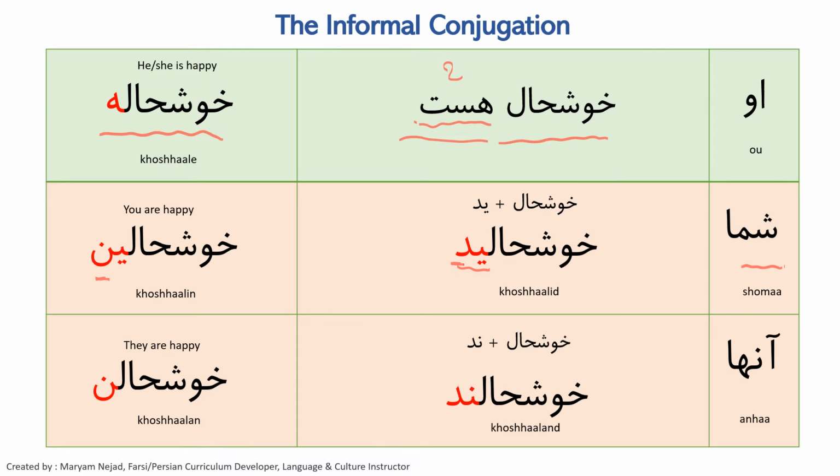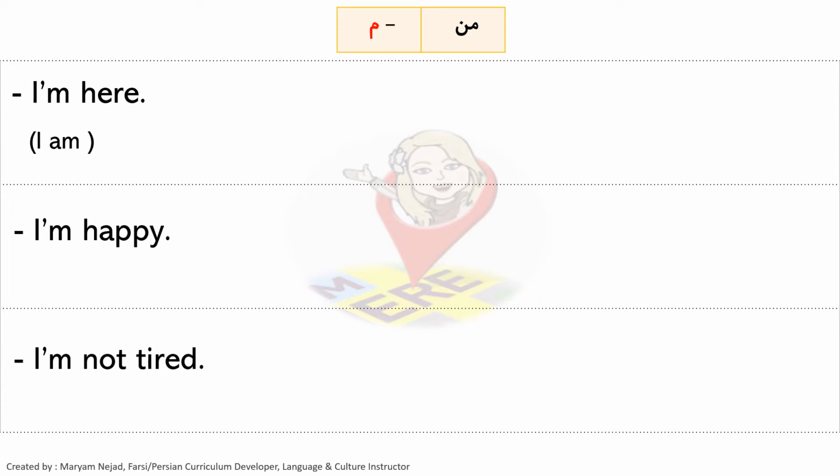So خوشحالید is pronounced in informal language خوشحالین. And for آنها خوشحالند, we said earlier that the verbal ending becomes a noon. So it's pronounced خوشحالن. The contraction is very commonly used in the spoken language. That's why it's very important for you guys to get some practice here.